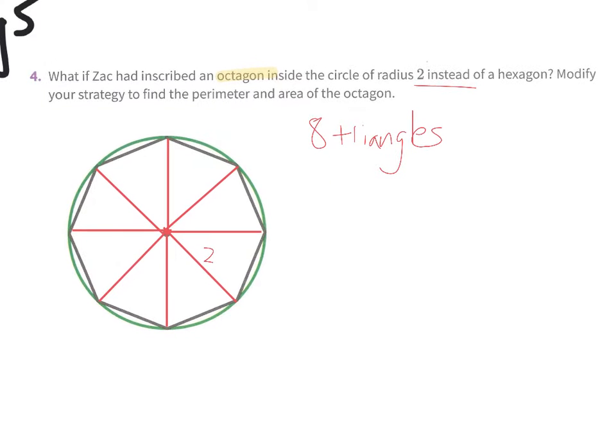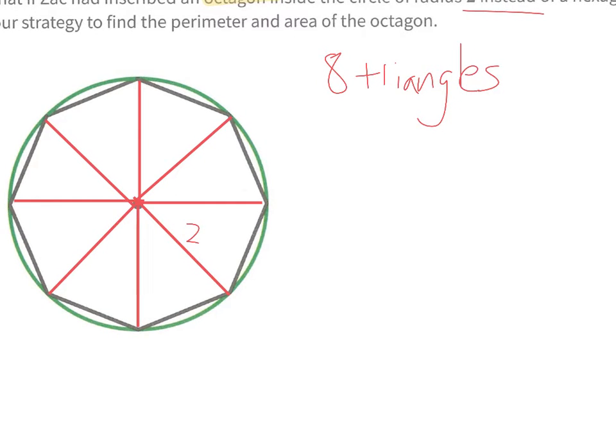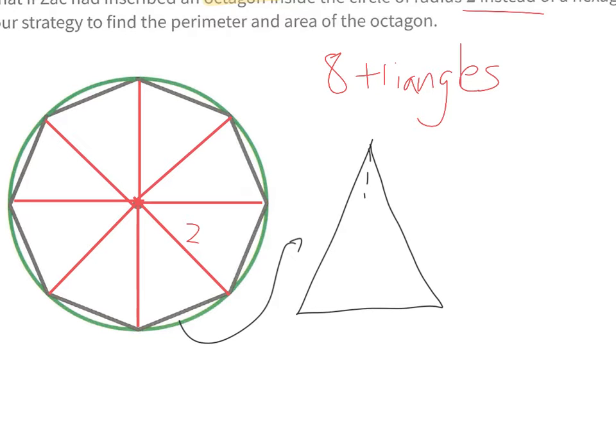All right? So what we need to do is find the length of one of these sides. So we're going to take one of these triangles, and whenever we're doing this, it's real helpful to draw a large version of one of these pieces of pie, and we'll label it as we go.